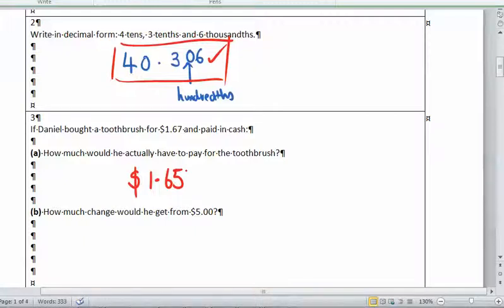How much would he actually... That's the second one. The first one, he would just pay $1.65, because you can't pay $1.67. Yeah, that's this part.